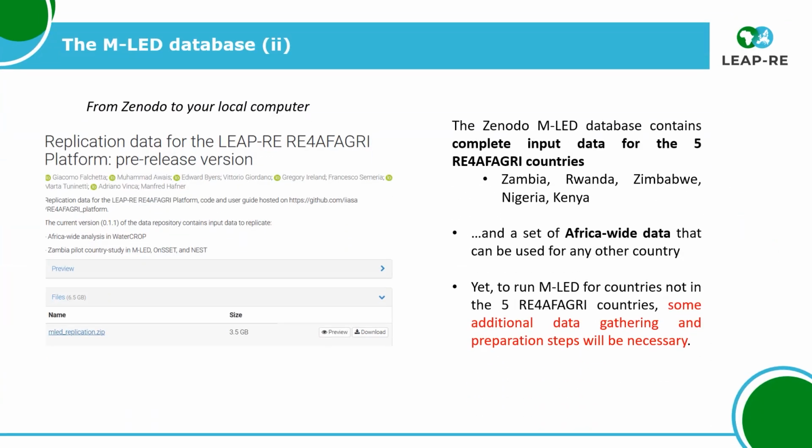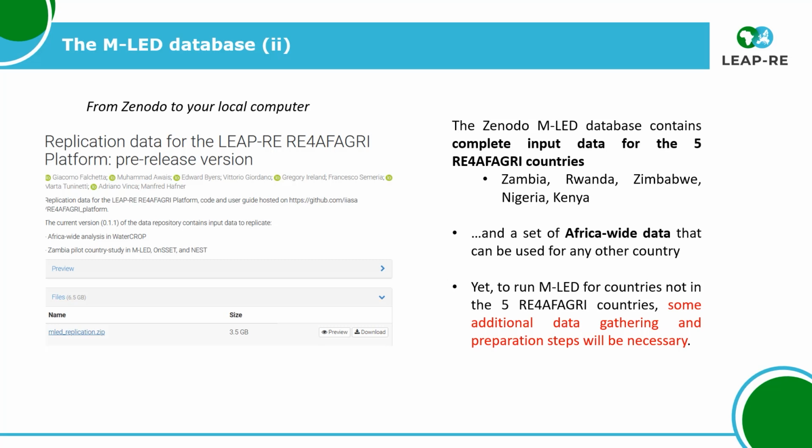As I was mentioning, Zambia, Rwanda, Zimbabwe, Nigeria, and Kenya are the countries so far for which MLED replication packages are available. These packages contain a wide amount of data that is also Africa-wide, so it is suitable for developing country models for additional countries beyond these 5.